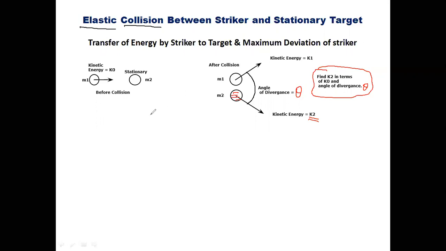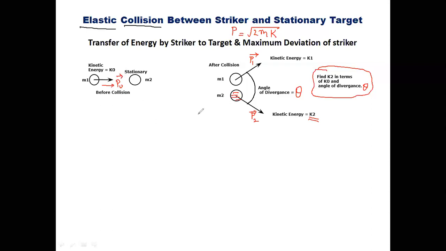I will use the basic fact that linear momentum has a relation with kinetic energy: the linear momentum P is the square root of 2 times the mass of the particle and its kinetic energy. Let's say the momentum in this direction is P1 vector, in this direction is P2 vector, and in this direction is P0 vector.